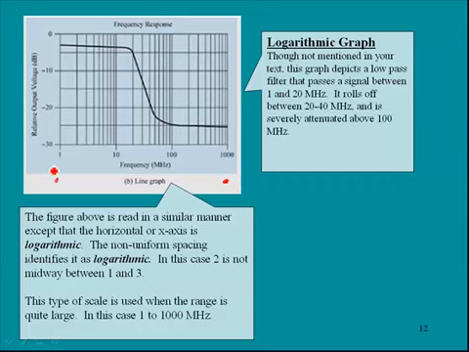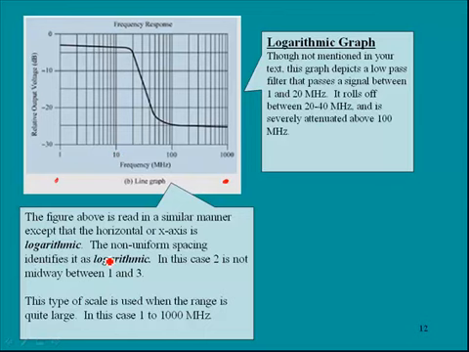Now you'll notice from 1, we would step to 2, and then to 3. Usually you would expect 2 to be midway between 1 and 3, but in a logarithmic graph, this simply isn't the case. You go 1, 2, 3, 4, 5, 6, 7, 8, 9, and then we get to 10.